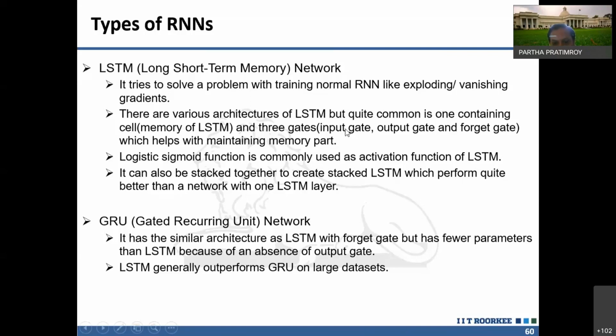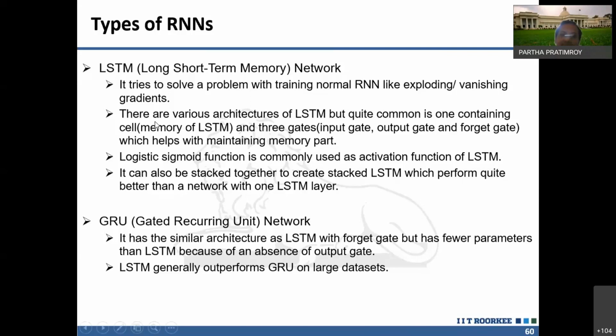We will discuss the input gate, output gate, and forget gate. These are the different gates we consider for deciding which information we will process and which information we do not need to remember.